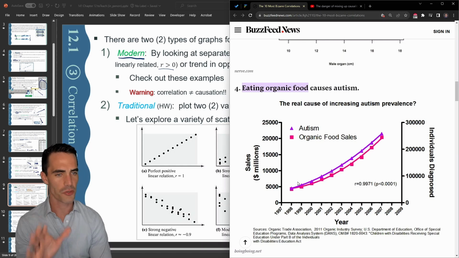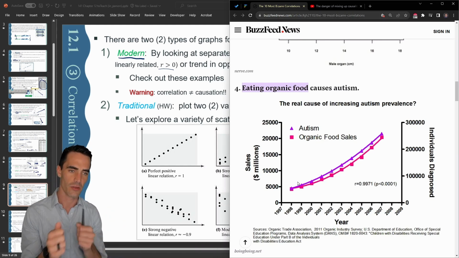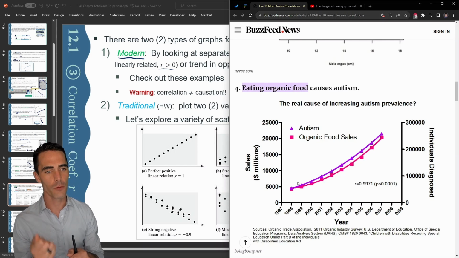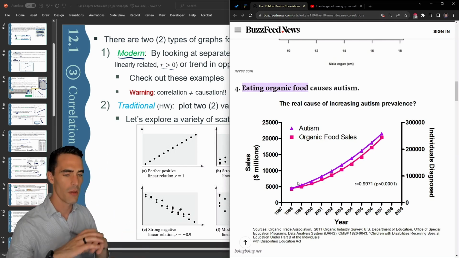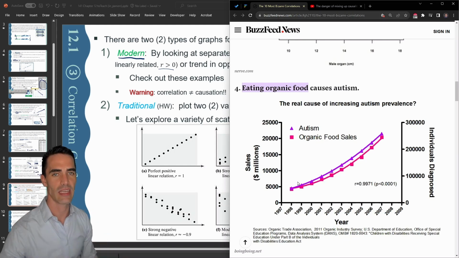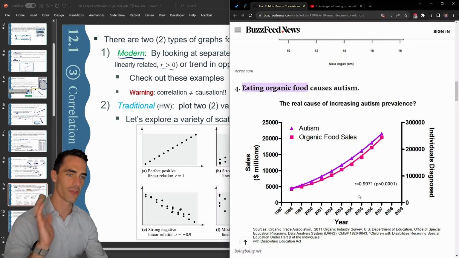But relationship is a tricky word here, because relationship can just mean that they are trending together, that maybe organic food sales can help predict an autism rise or decrease, but it in no way indicates any kind of causation. These are very close together as they trend up, and that R value is very close to 1, they increase together.